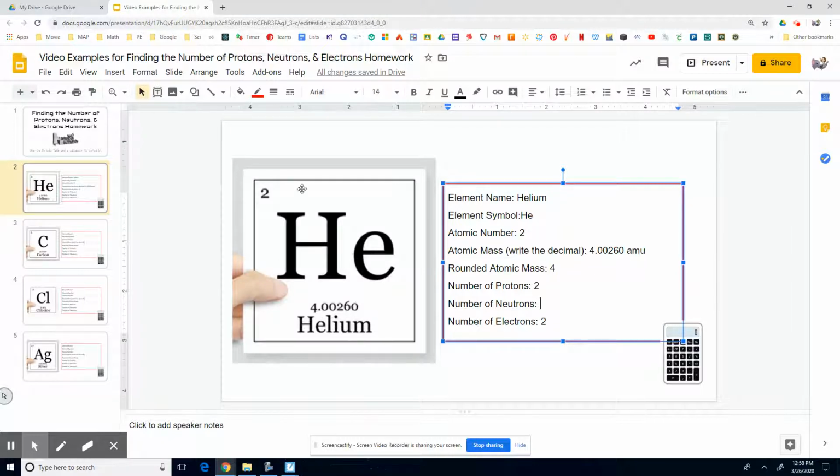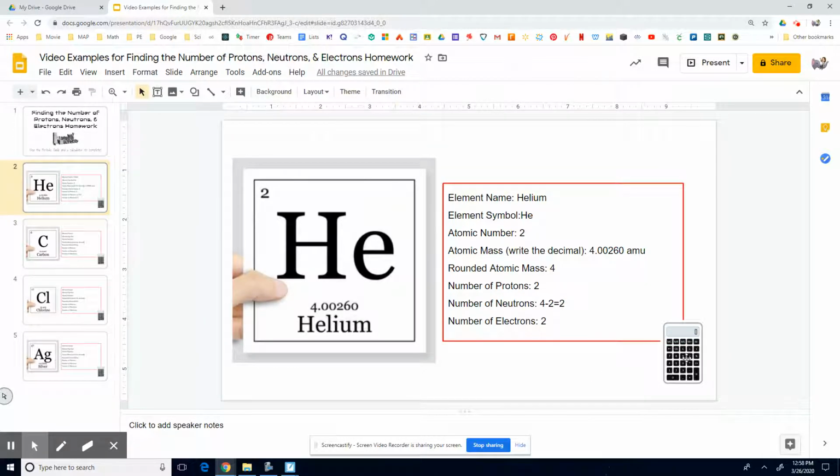If I know that I have 2 protons, and I know this whole thing weighs about 4, I need to take the atomic mass minus the number of protons to figure out how many neutrons I have. I can do this one in my head. 4 minus 2 is 2. So this atom of helium has 2 protons, 2 neutrons, and 2 electrons.